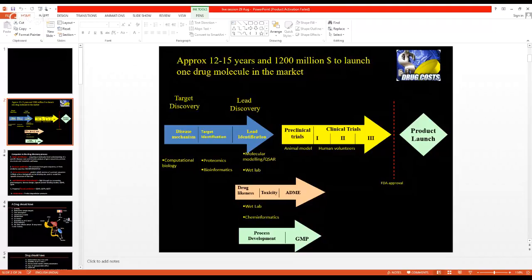Then something called bioavailability. Bioavailability is how much of the drug you take orally actually reaches the target site. That ratio multiplied by 100 is called bioavailability. Because of so many effects that the drug encounters on the way, the concentration of the drug at the target site may be so little compared to how much drug the person is taking, so the bioavailability could be very low, and the patient has to take a higher dosage of drug, which could lead to local toxicity.